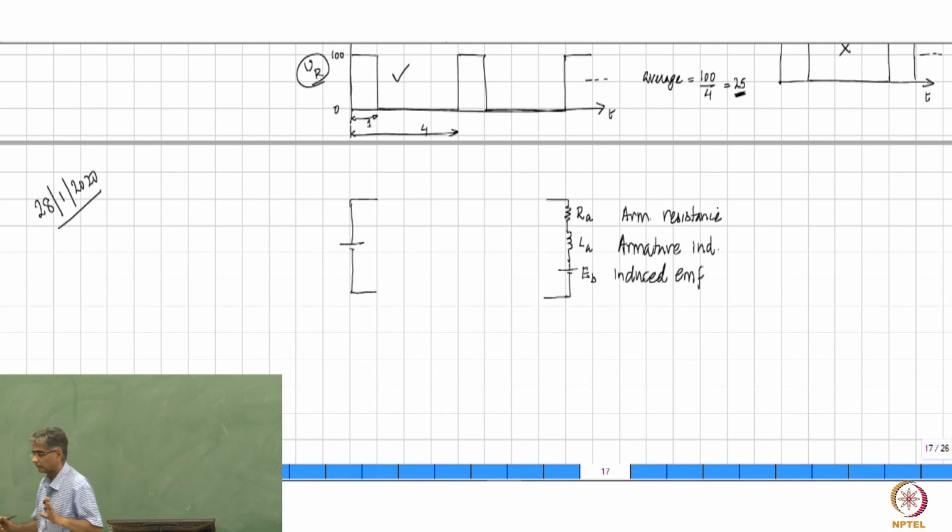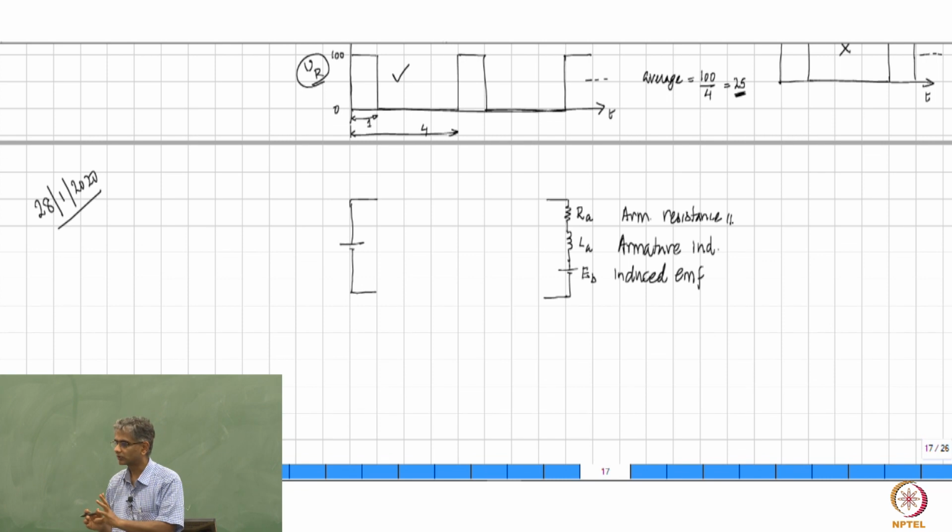Now normally for reasonably sized machines, this armature resistance is not likely to be very large. Of course, if you take a small motor which you operate from some very low voltage DC, those will have a very high armature resistance, but any DC motor that is of higher output power, you will find that the armature resistance is really small.